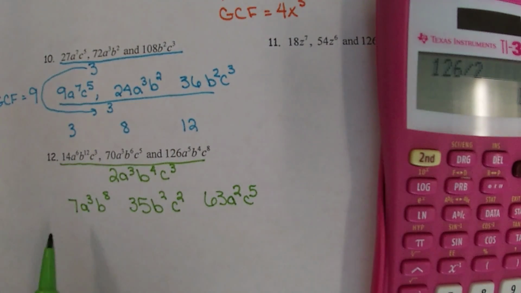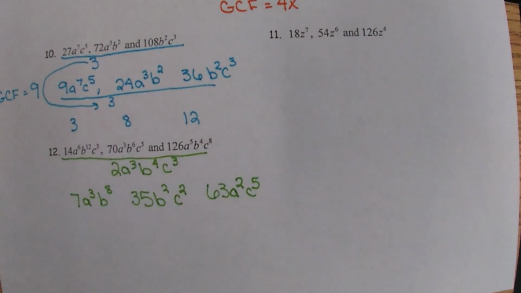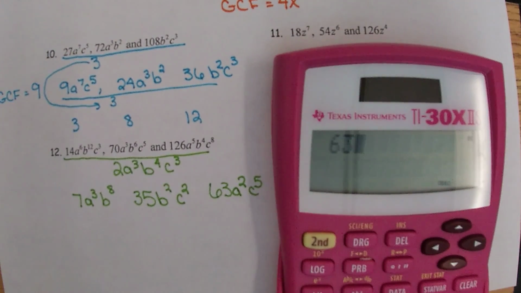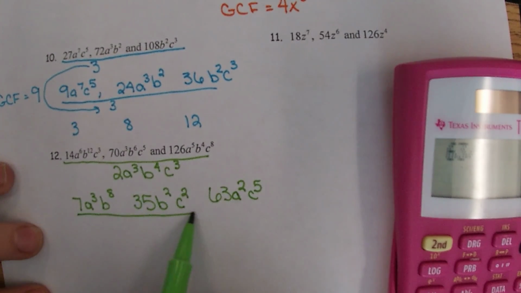So if we check again, 7, 35, and 63. Let's see, 7 will go into 7. 7 will go into 35. So if we check 63, 7 will go into that. So we can divide these all by 7.